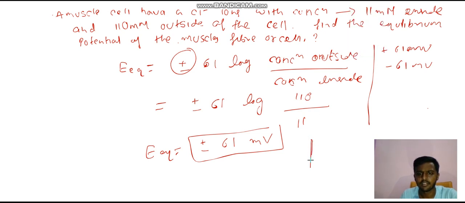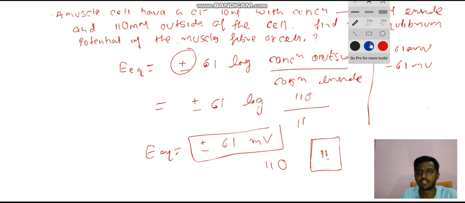This is a cell. Outside concentration is 110, inside is 11. So to reach equilibrium, what will be the direction of the charge flow? So the direction will be outside to inside.